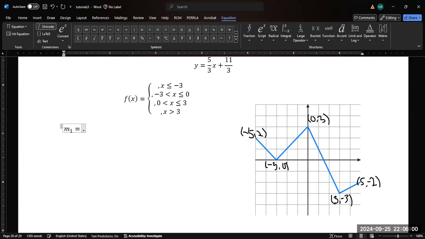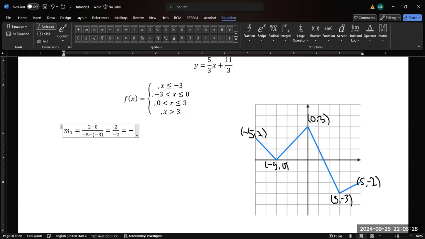So M1 is going to be between our 2 points, (-5, 2) and (-3, 0). So 2 minus 0 in the y coordinates and -5 minus -3 in the x coordinates, which is going to give us 2 divided by -5 plus 3, which is -2.